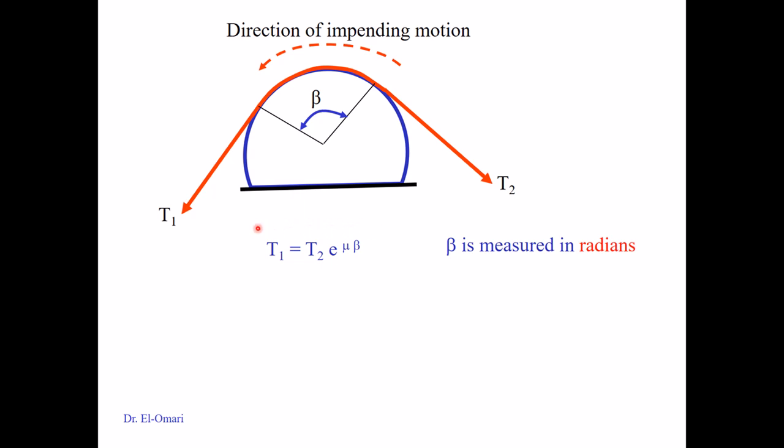With experiments, it was found that T1 can be greater than T2 by e to the power of mu times beta, where mu is the static coefficient between these two surfaces in contact, and beta is the angle of contact between the two surfaces. It starts contacting here and ends at this point, and this beta is always measured in radians. We'll see in the example how we calculate that.